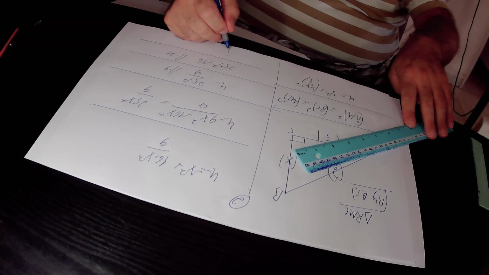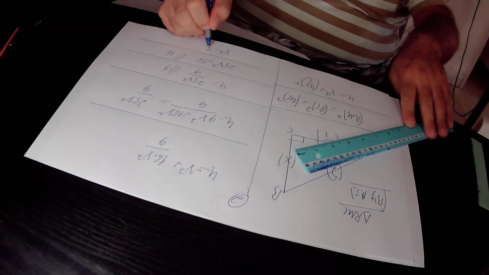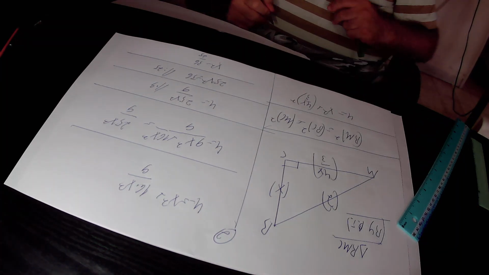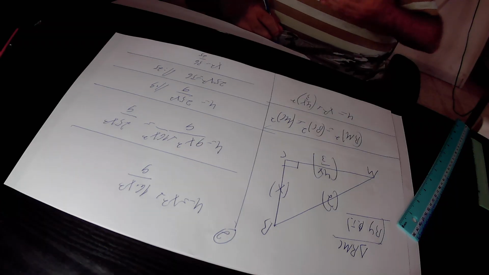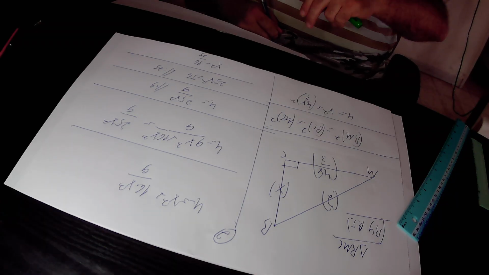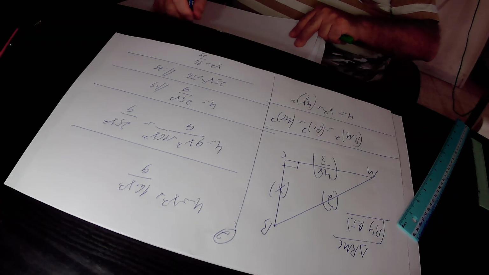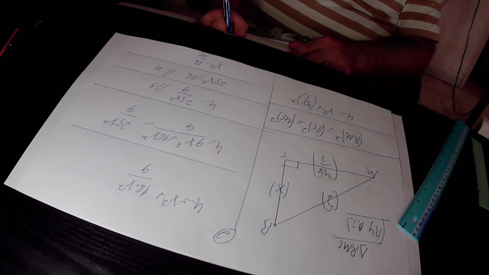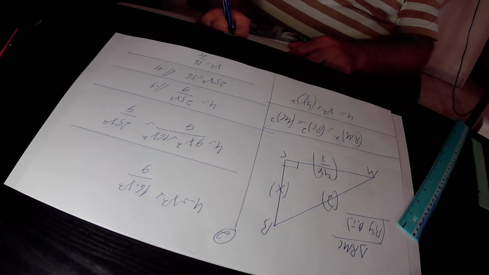And finally we get that x squared equals 36 over 25. So here we take a root out of this equation, and we get that x equals the square root of 36, that is 6, over the square root of 25, that is 5.